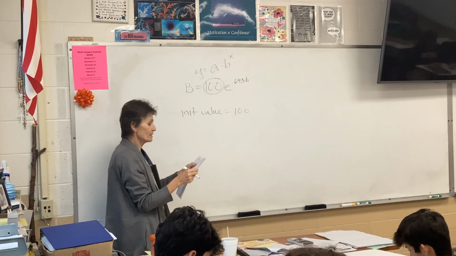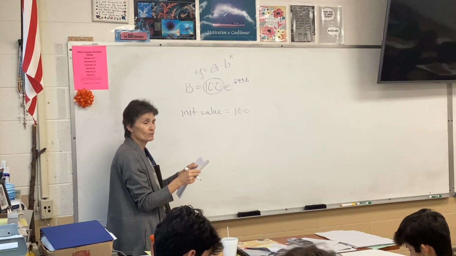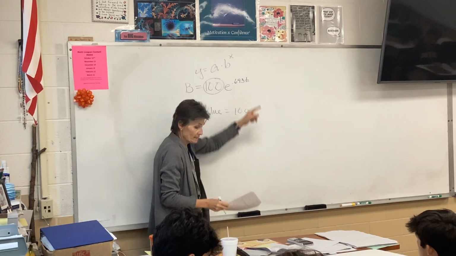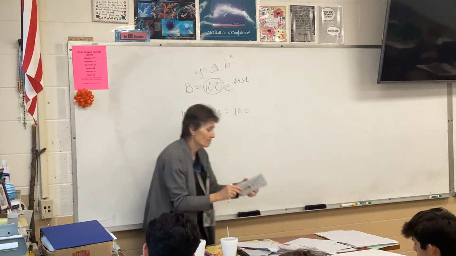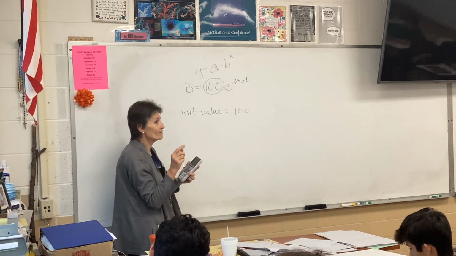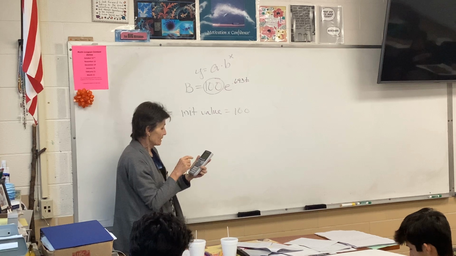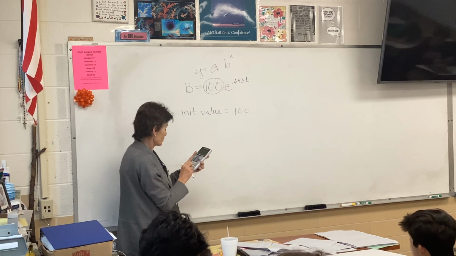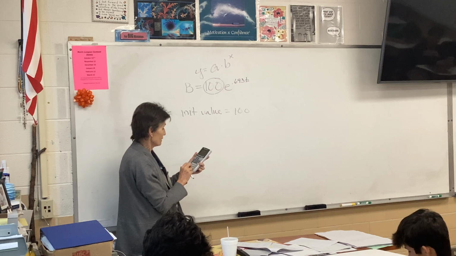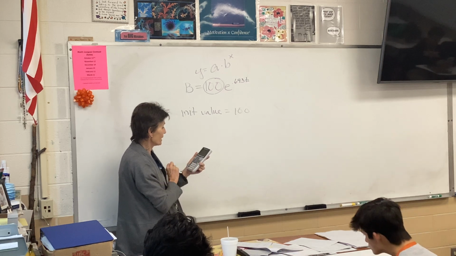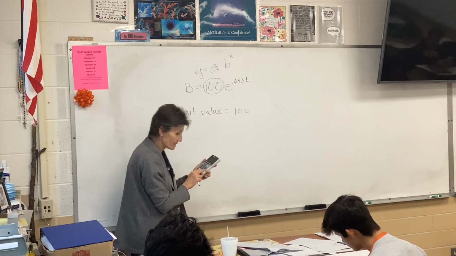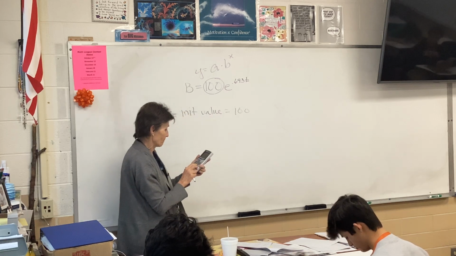How many bacteria are present after 6 hours? Plug in 6 for T. So let's all type that in, make sure we can. You have an E button. It is above your LN button. So 100, second LN, 0.693 times 6.